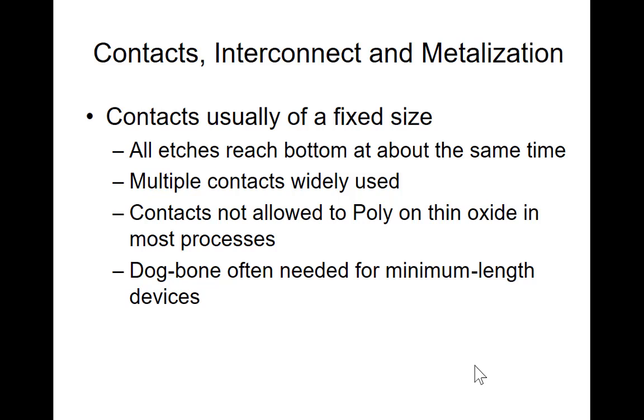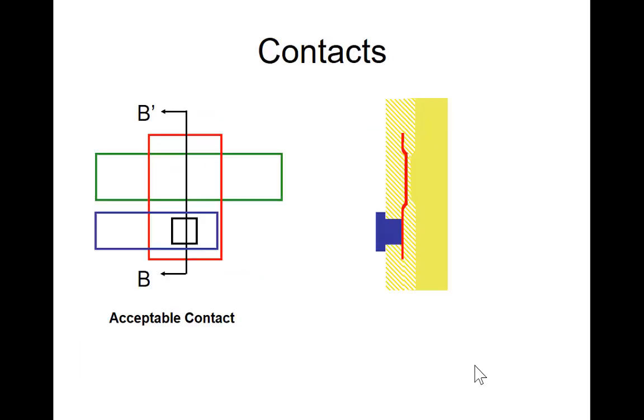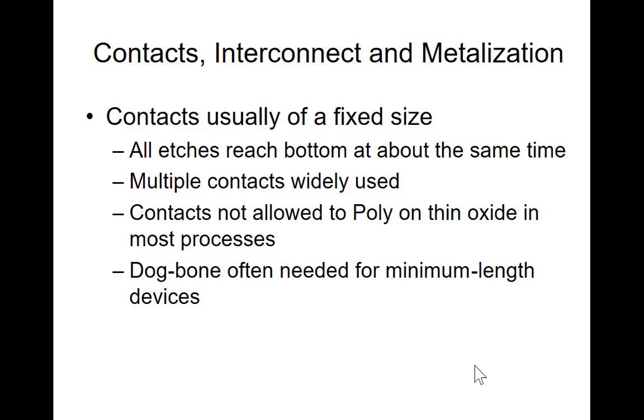Now in this one, if you do a minimum size, then the gate poly width is so small that you may not even have enough area to put a contact in it. So then you need to do things like this.